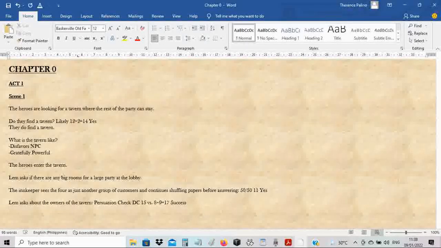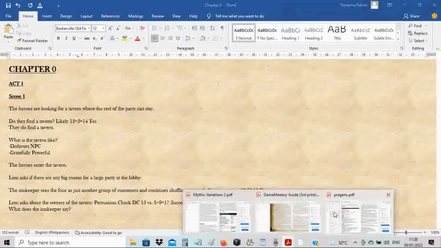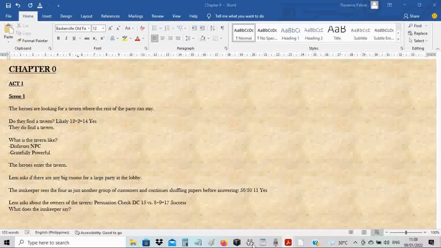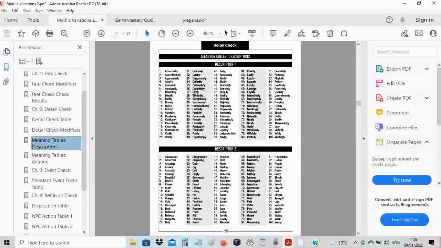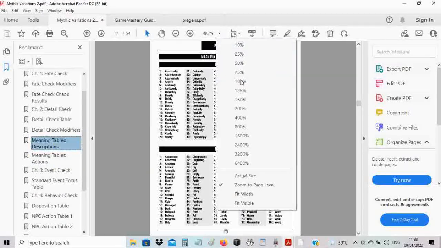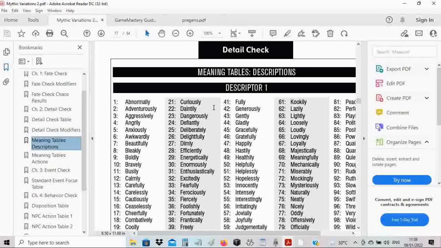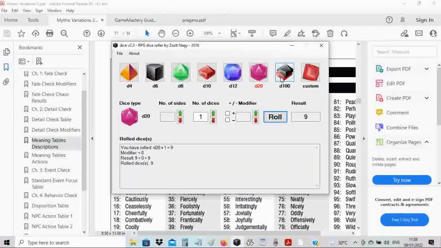So, what does the innkeeper say? Now it's time we use the other parts of the meaning tables. So again, we go to descriptions, but now we get to use the rest as well. 40.